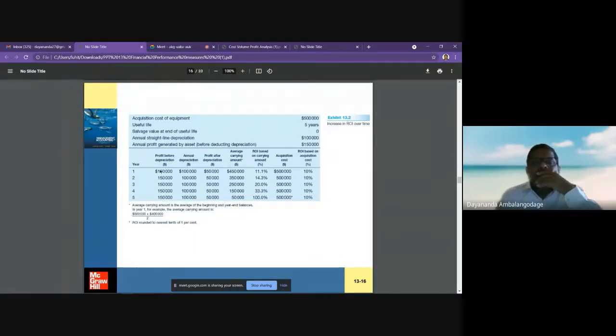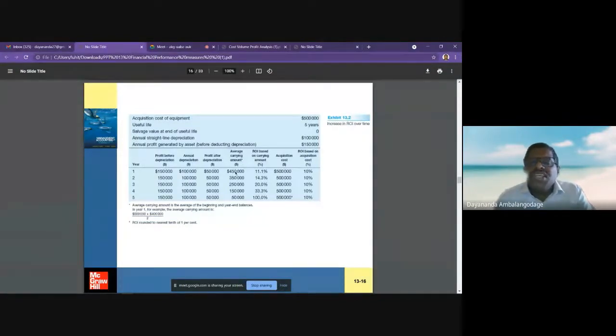Right? Profit figure, assume 150, before deducting depreciation. Here it's taken 150 minus 100, 50 profit after depreciation. I think you can understand this one. Then the average carrying amount is calculated this way. Average is calculated by taking the year beginning value and year end value.